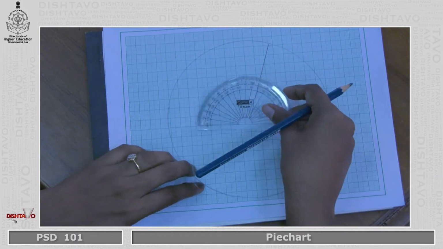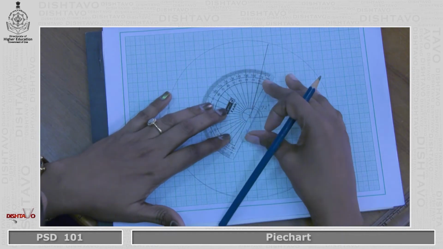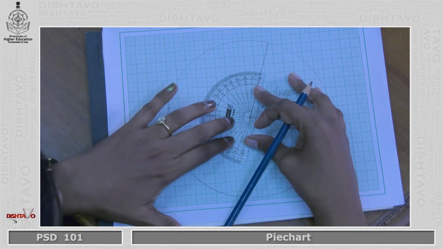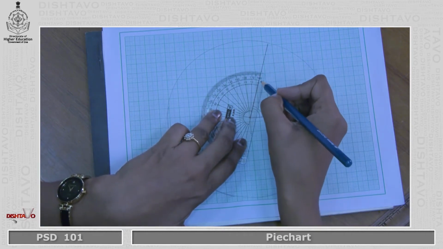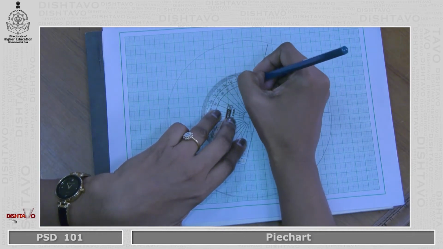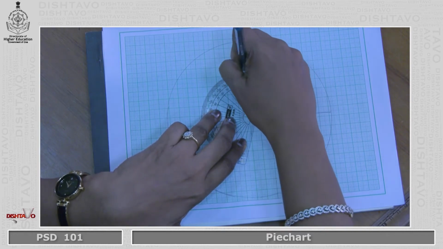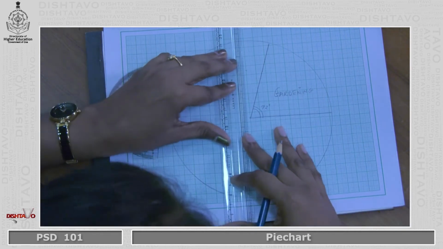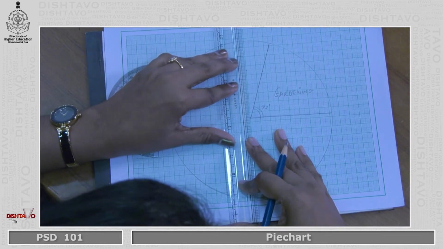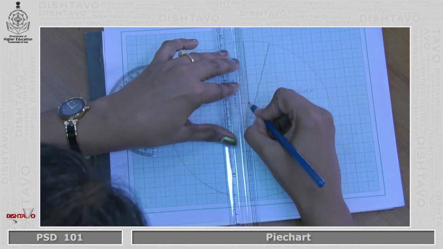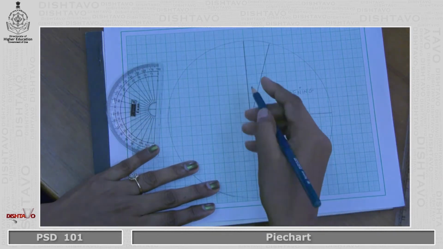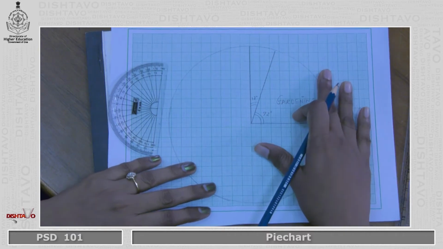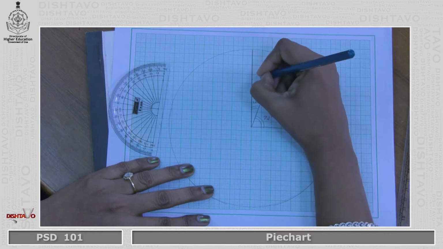You can place the protractor here on this angle and start marking your 18 degrees, which should be somewhere closer to 20. So, you mark a point here and with the ruler you can draw the second angle and mark it here 18 degree and name it as artist.